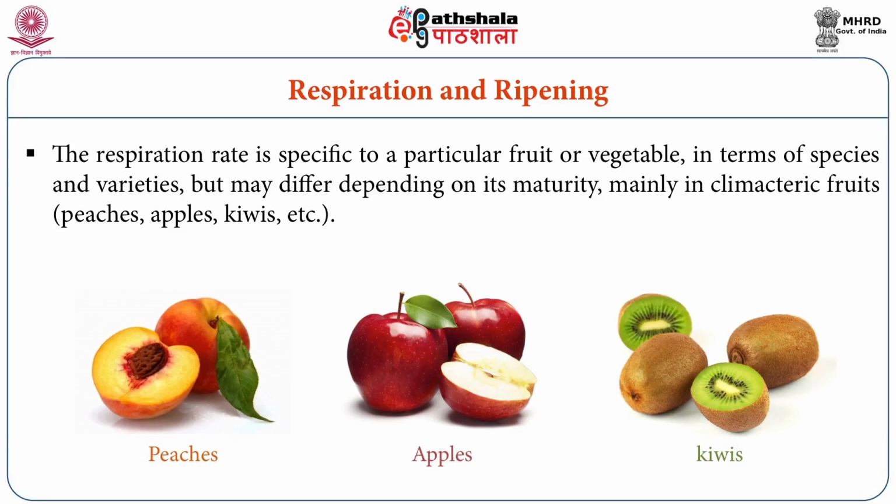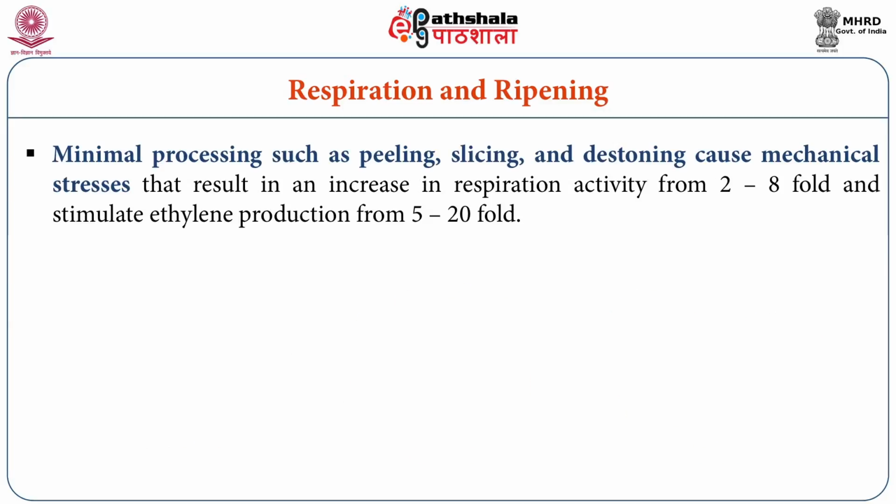The respiration rate is specific to a particular fruit or vegetable in terms of species and variety, but may differ depending on its maturity, mainly in climacteric fruits like peaches, apples, kiwis, etc. Minimal processing such as peeling, slicing and destoning causes mechanical stress and results in an increase in respiration activity from 2 to 8 fold and stimulates ethylene production from 5 to 20 fold.